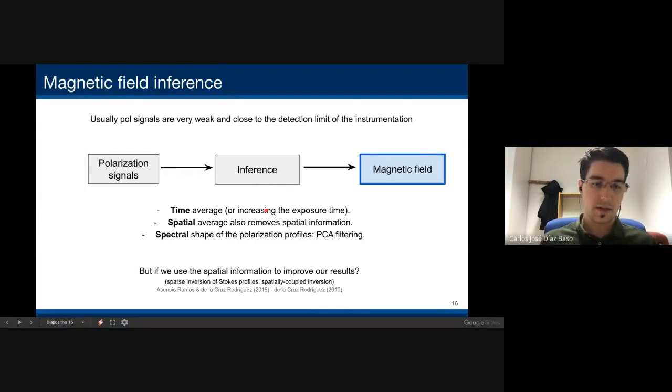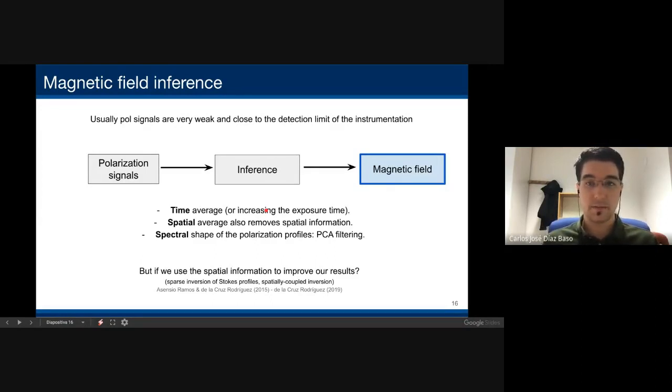Also, we can use the spectral information, the spectral shape of the polarization signals, using principal component analysis, for example, to filter the noise. However, in some cases, like in Fabry-Perot spectrograph data, we don't have a good sampling.